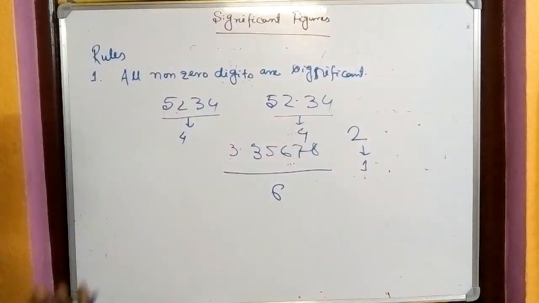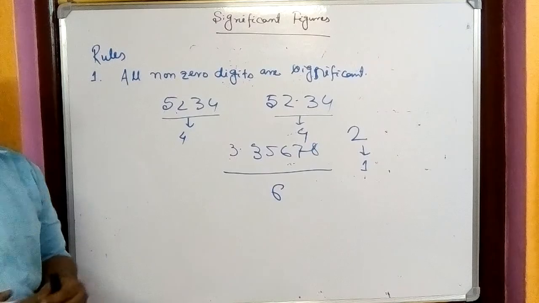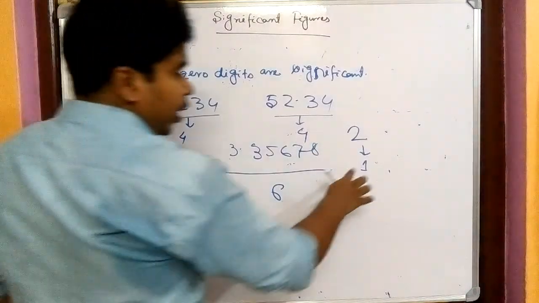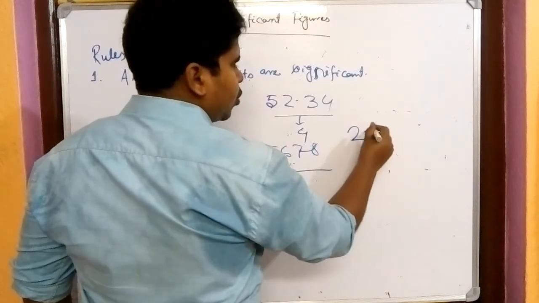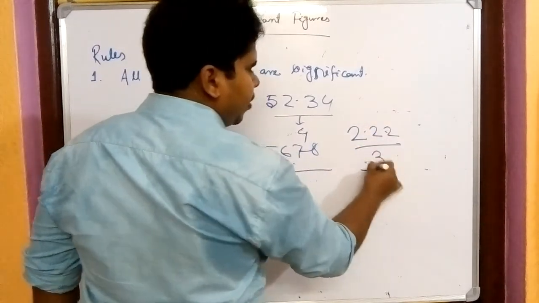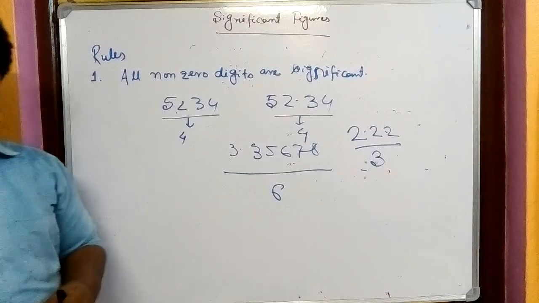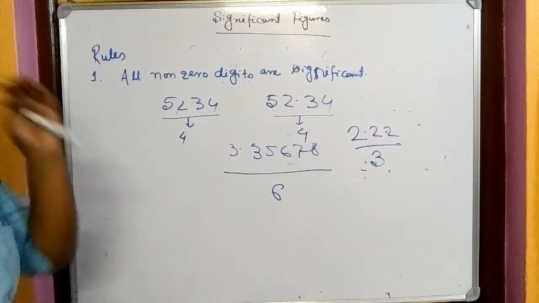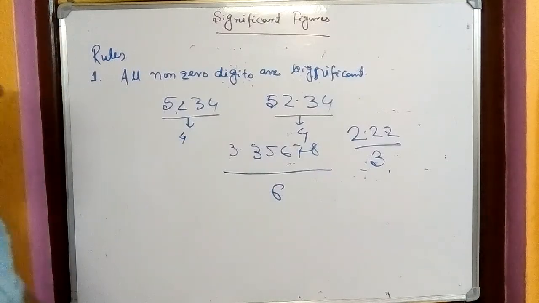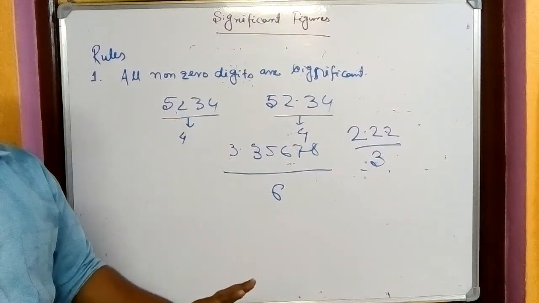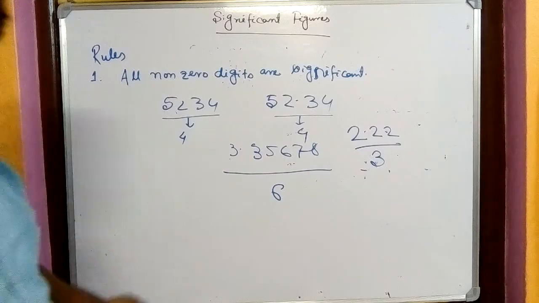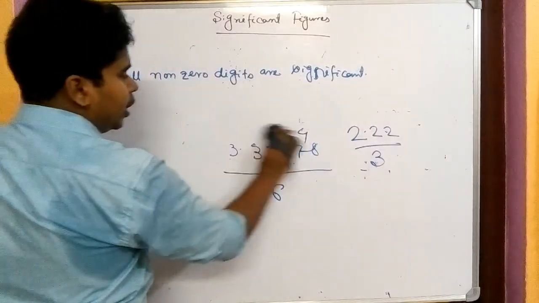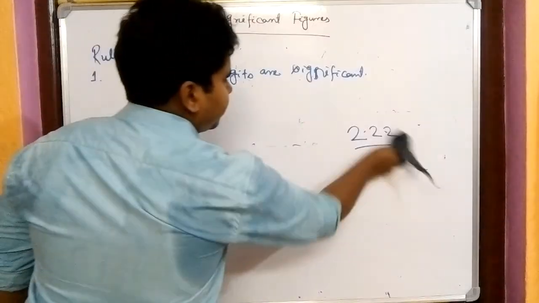If it is 2.22, here it is 3. All non-zero digits we have to take in our measurement as significant figure, significant number or significant digit.